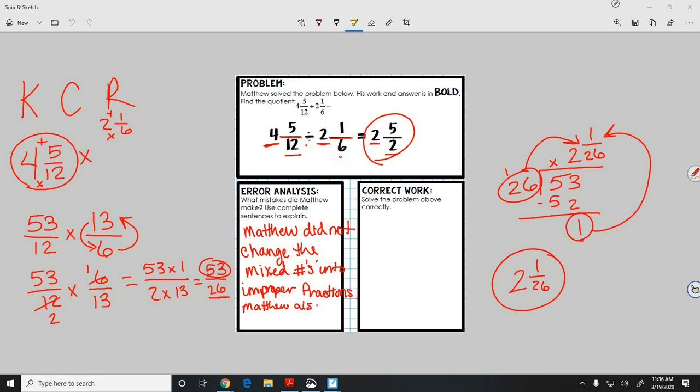Matthew also forgot to keep, change, reciprocal.